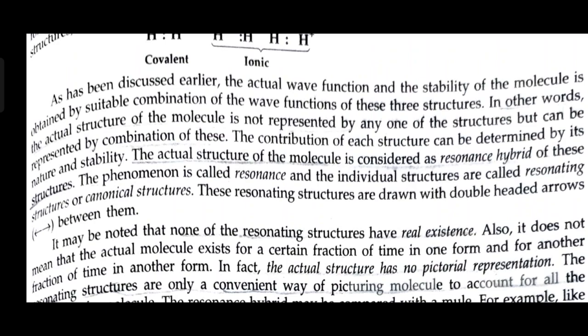The contribution of each structure can be determined by its nature and stability. The actual structure of the molecule is considered as a resonance hybrid of these structures. The phenomenon is called resonance and the individual structures are called resonating structures or canonical structures. These resonating structures are drawn with double-headed arrows between them.